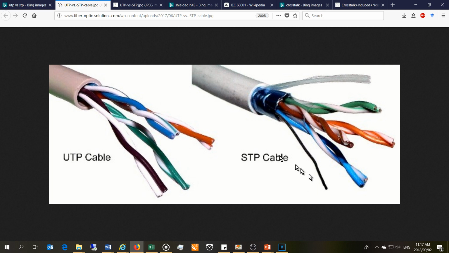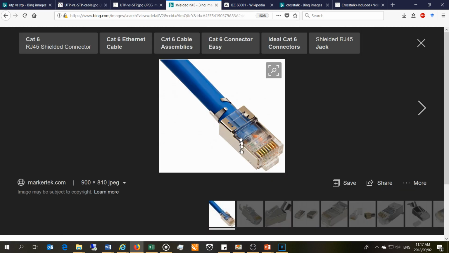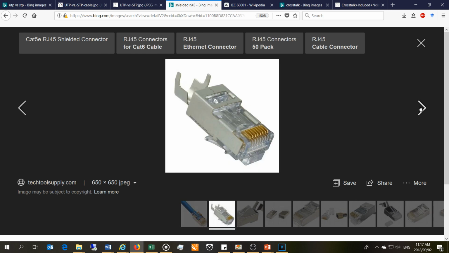And the point of this wire is that it is supposed to be attached to the shielded RJ45. Can you see that that is not what the common RJ45 looks like? This is the shielded one.